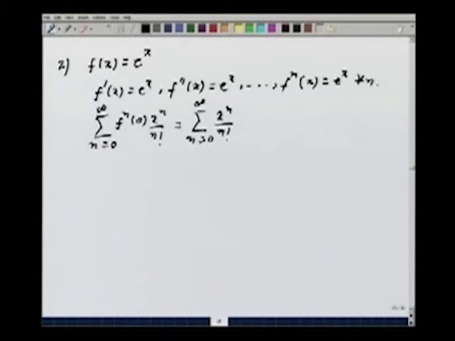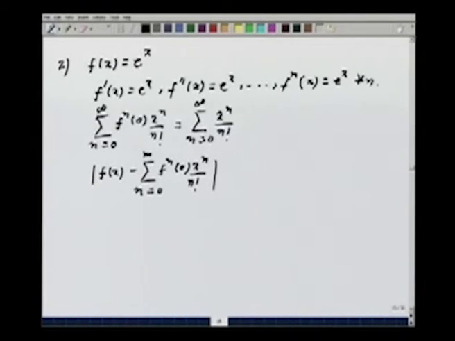You look at modulus of f(x) minus summation n from 0 to m f^(n)(0) x to the power n by factorial n, modulus.